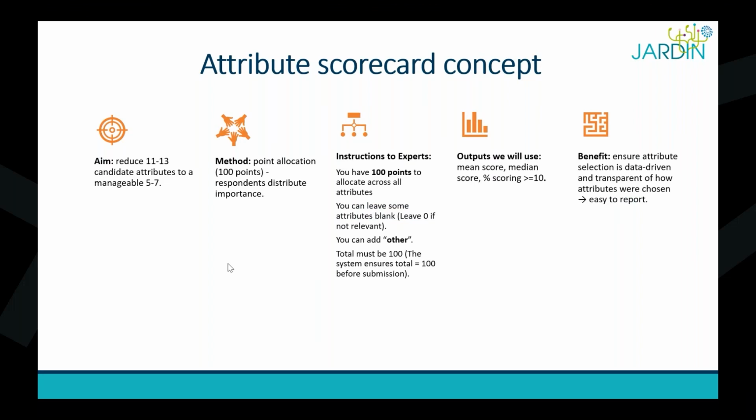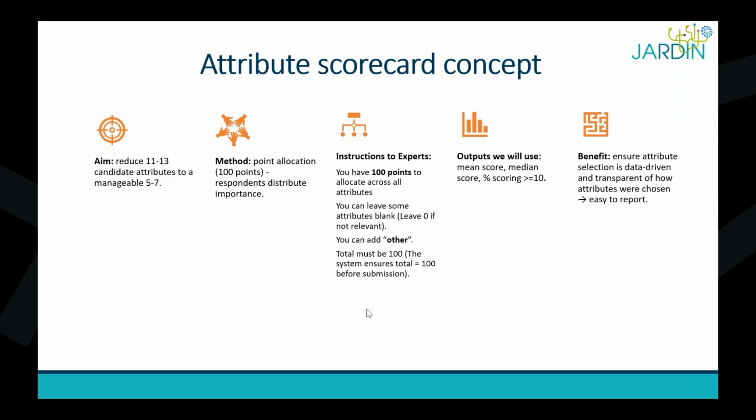And the whole allocation should give you a total of 100 points. And then based on that, we get the data, and then we do some averaging, and then we take the mean, and based on that, we rank the attributes based on the importance to the experts.